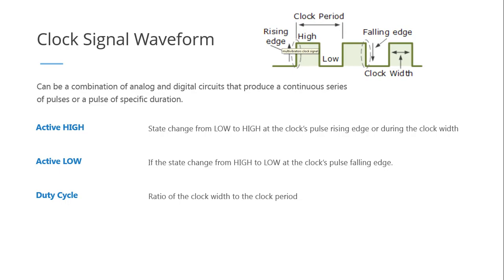let's say 7.5 seconds it's in the high state, 2.5 seconds it's in the low state, so 3/4, that would mean that the clock signal waveform has a duty cycle of 75%.